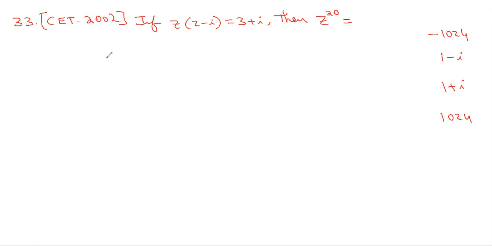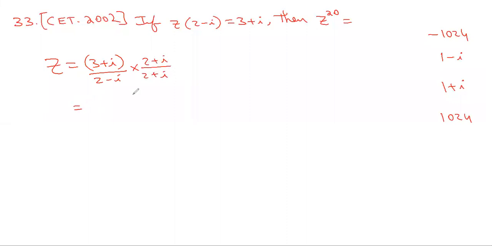So power 1 by 10, 1 by 5 or something like that, or power 20 or something like that, you need to convert this into a plus i b form. So z equal to (3 plus i) by (2 minus i). Rationalize it: multiply by (2 plus i) over (2 plus i).